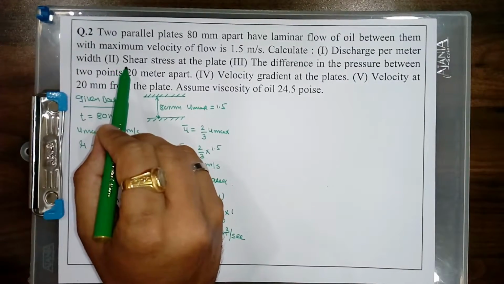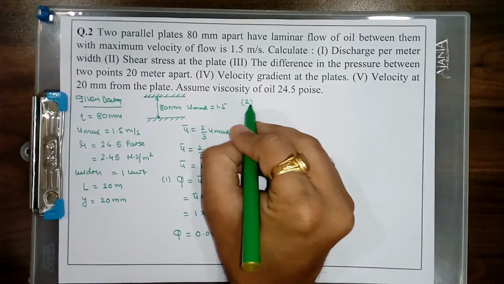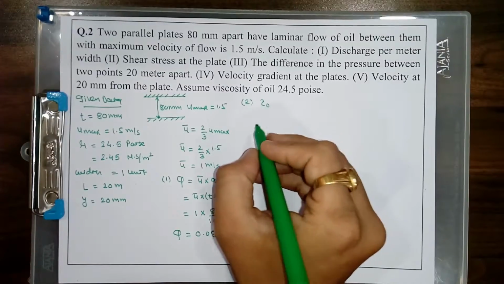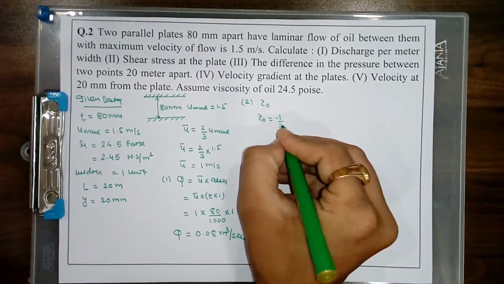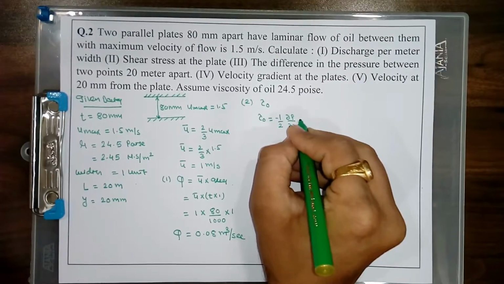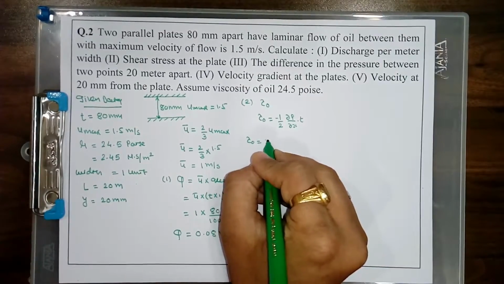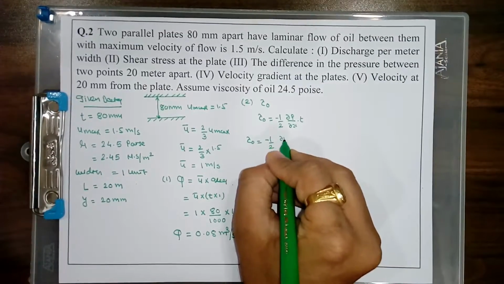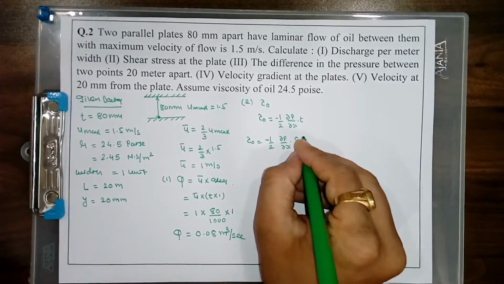Second thing we need to calculate is the shear stress at the plate, tau naught. We know the formula: tau naught equals minus 1 by 2 del p by del x into t, with t as 0.08.